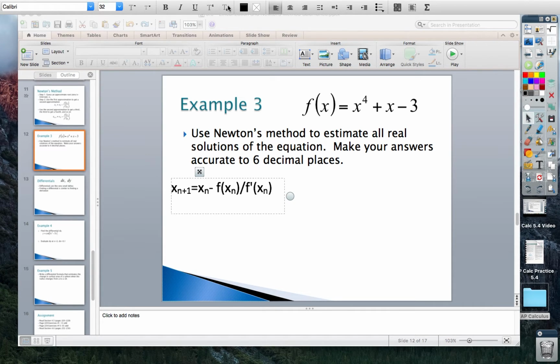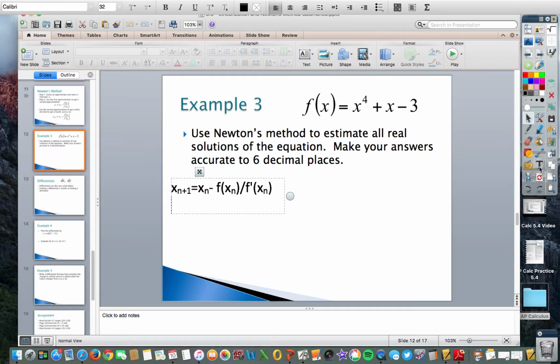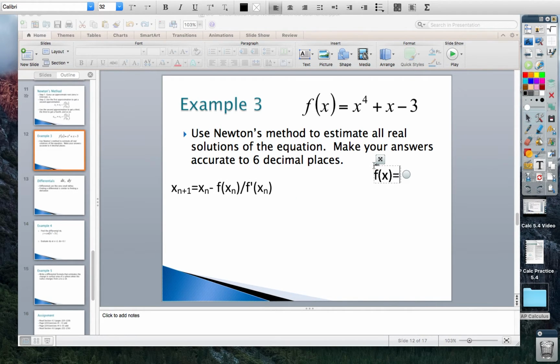So, given the function, we know that f of x is equal to x to the 4th plus x minus 3. We know f prime of x is equal to 4x to the 3rd plus 1. So, sticking to the formula, we have x sub n plus 1 equals x sub n minus x to the fourth plus x minus 3, all divided by 4x to the third plus 1.